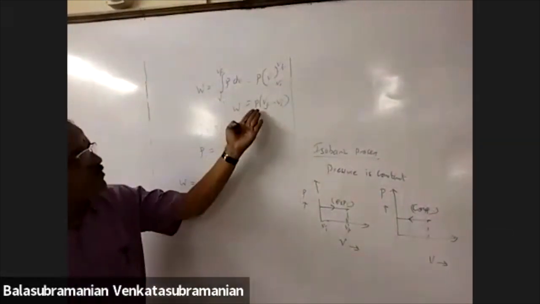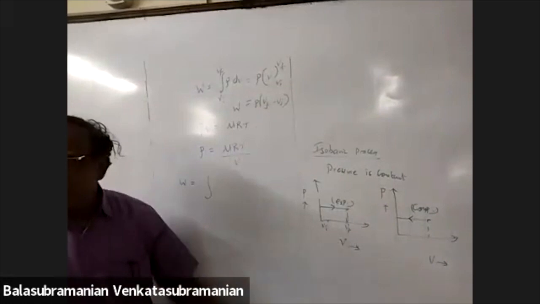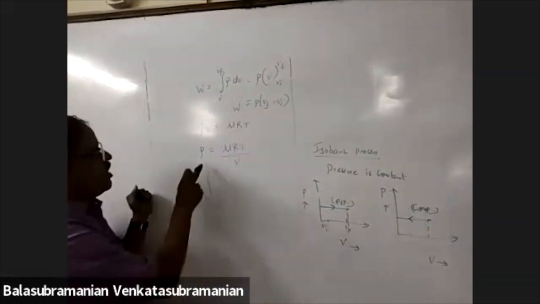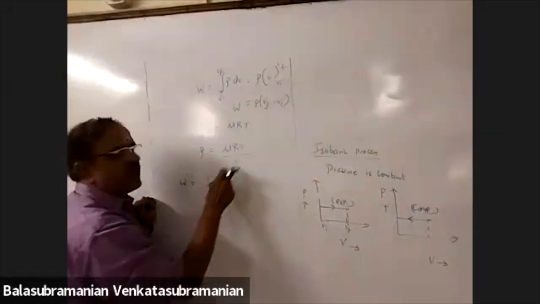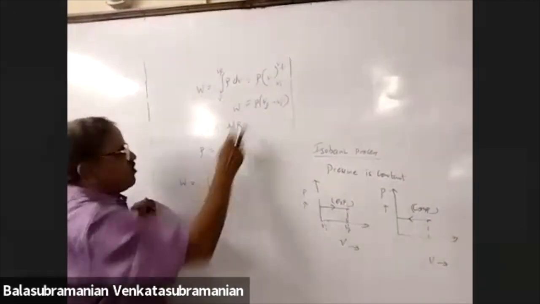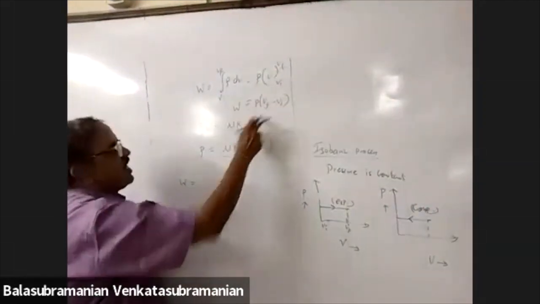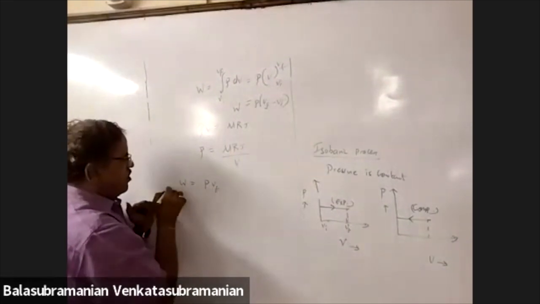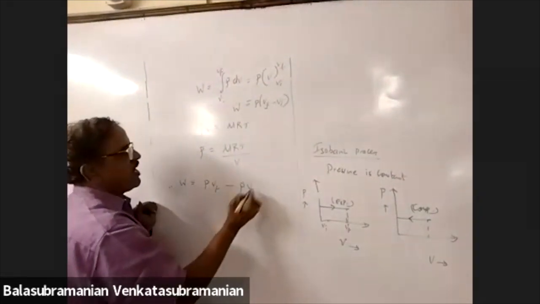Sir, I want to substitute this value. How will you substitute? V is mu RT by P. So what is the formula? P Vf minus P Vi.